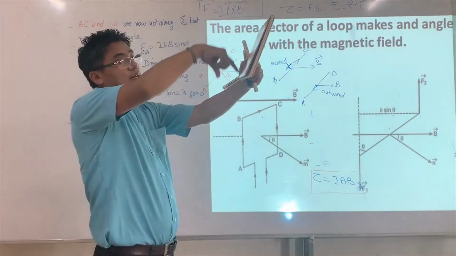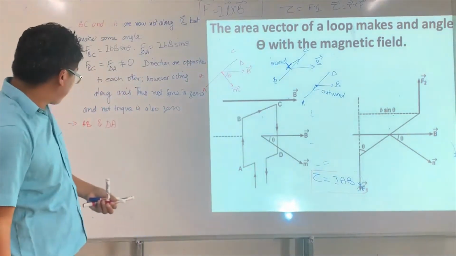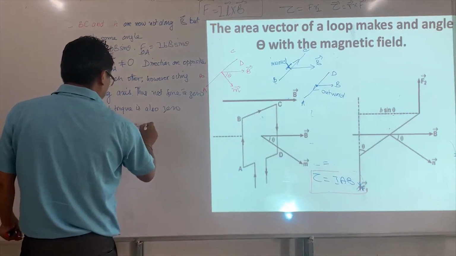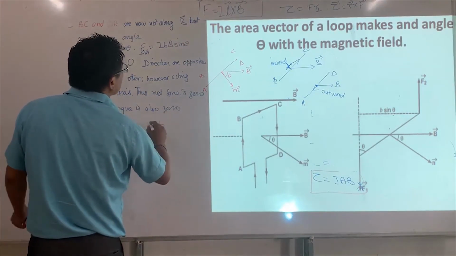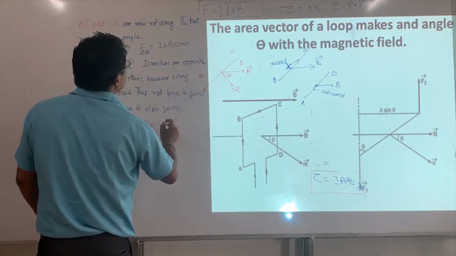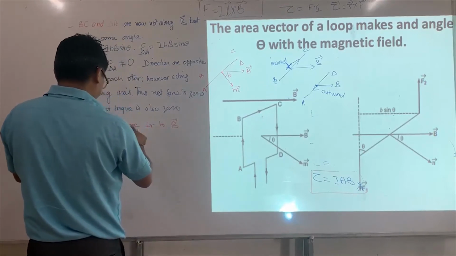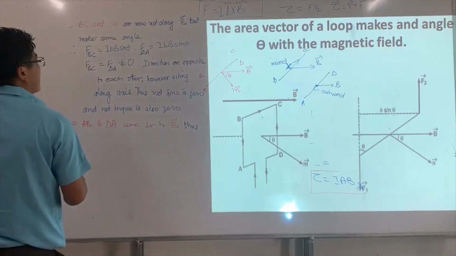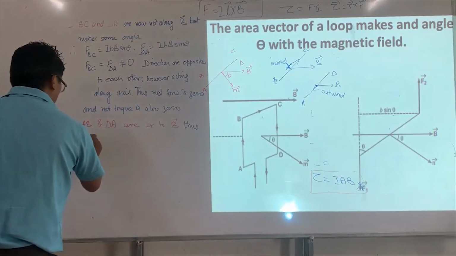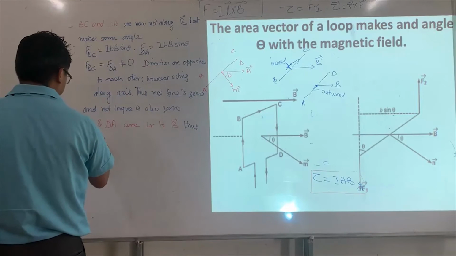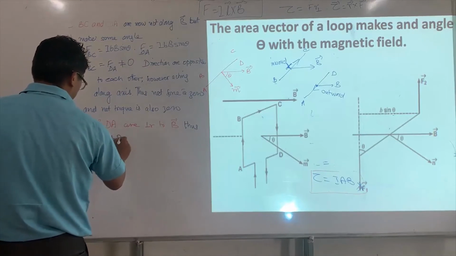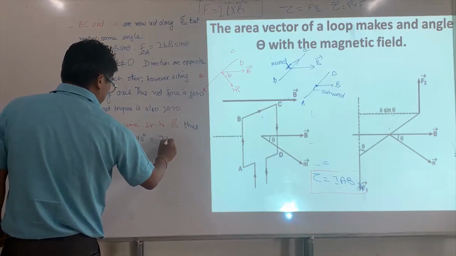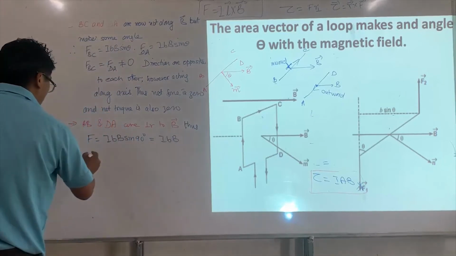These two are perpendicular to B. Thus, what about force? So force is going to be IbB sine 90 degree. This is equal to IbB. This is a force, right?